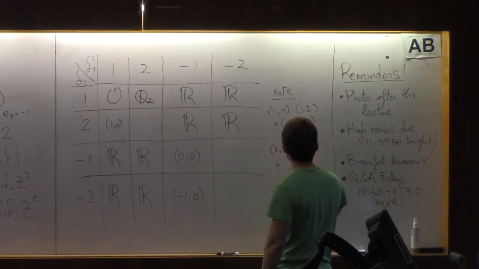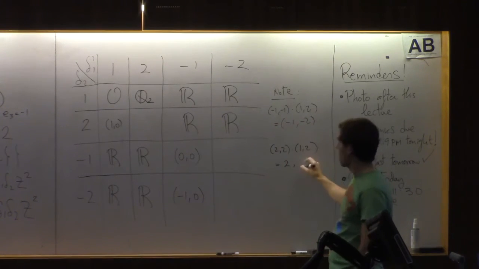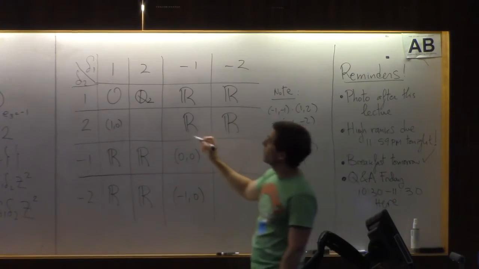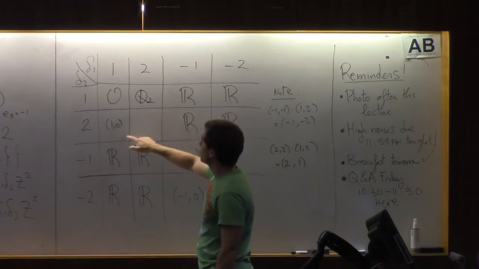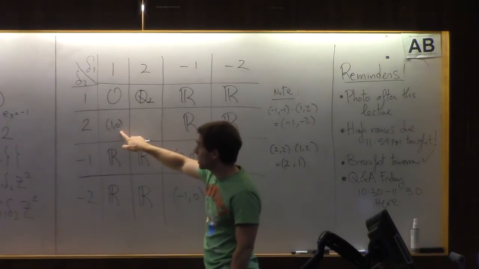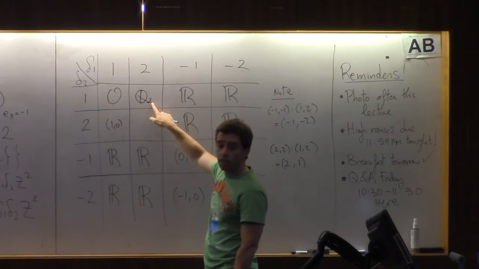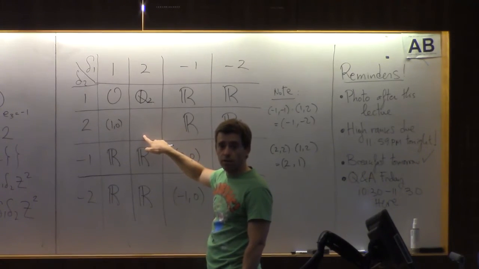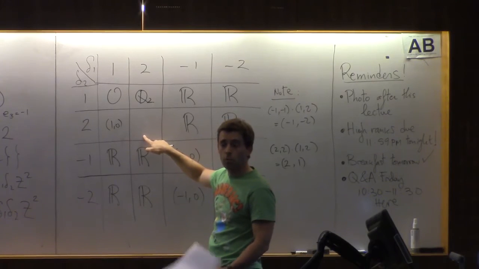That's (2, 2 times 2 is 4). I get (2, 1), right? That is this one. So if this has a point and this has a point, then I could multiply and get a point here. But there is no point here, so there shouldn't be a point here either. And that is all a homomorphism argument.